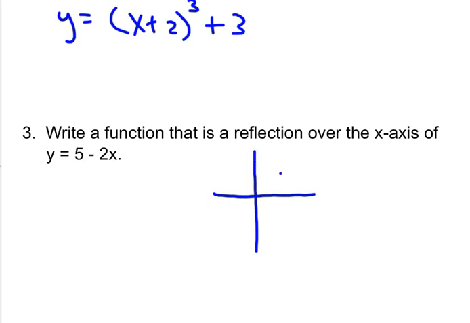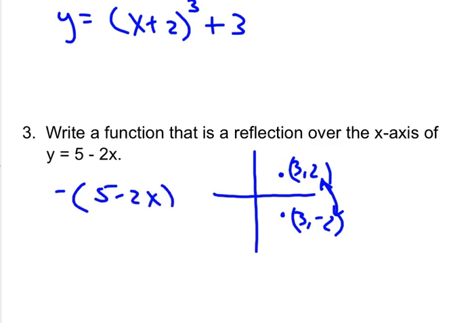Reflect over the x is like, okay, I want here and here, so the y's have to be opposite, right? Say this one here is 3, 2, this one's 3, negative 2, the y's have to be opposite. If I want the y's to be opposite, I just switch the whole thing, because here y is 5 minus 2x. Down here y would be negative 5 plus 2x.